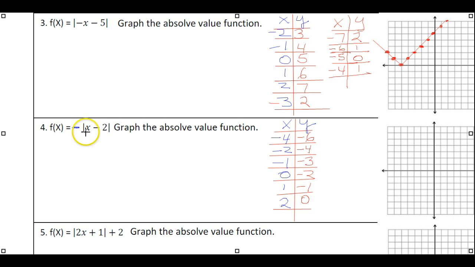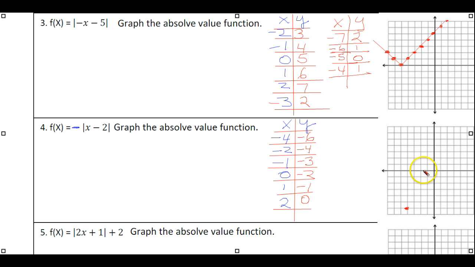Now this one, keep in mind, since the negative is outside the absolute sign, all these values are going to be negative for the y. So let's do some plotting down here. -4, so 1, 2, 3, 4. -6, 1, 2, 3, 4, 5, 6.